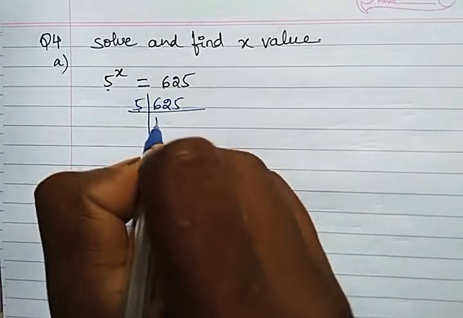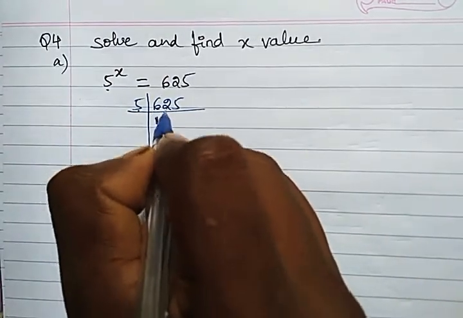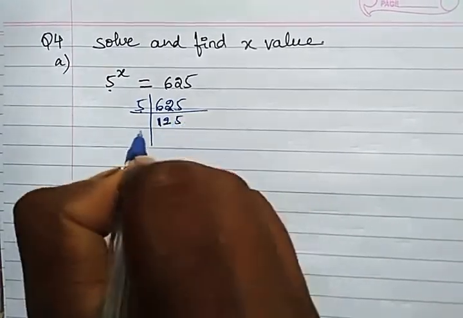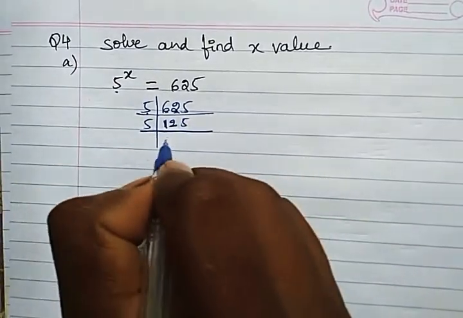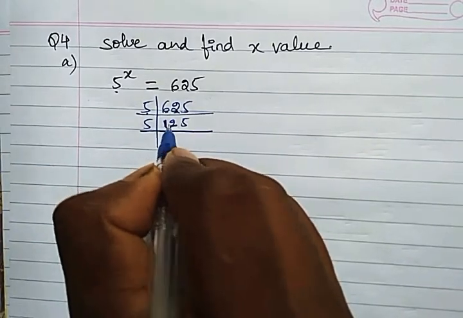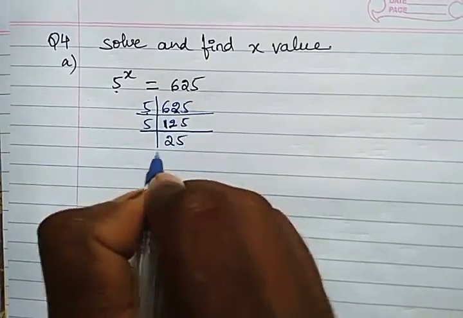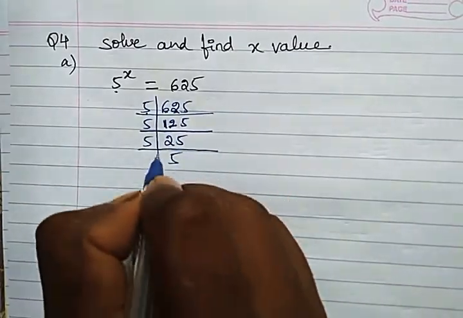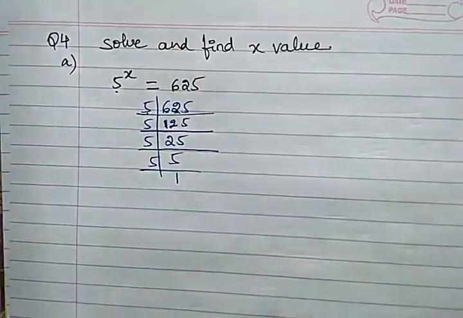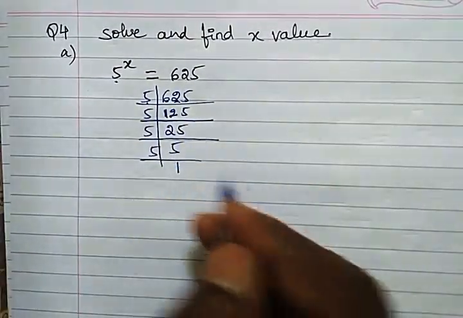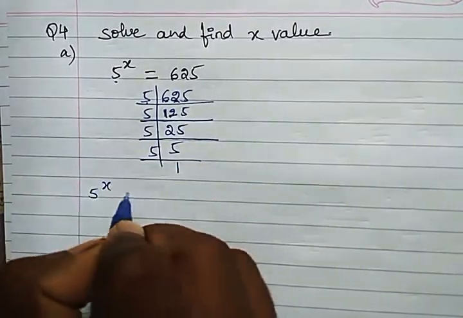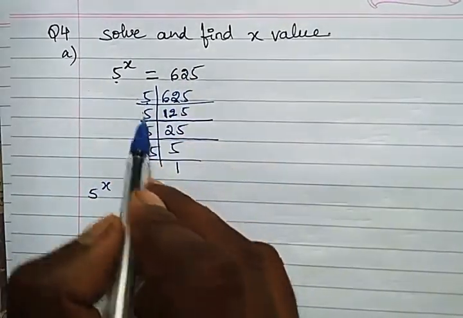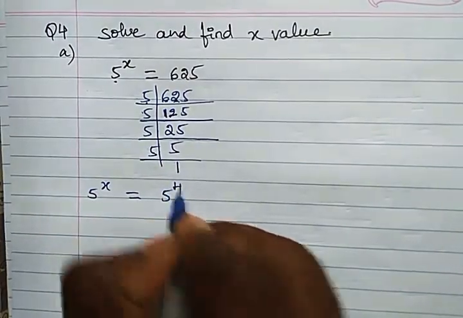So 5 ones are 5, remainder 1, 1 2 12, 5 twos are 10, again 2 remainder, 2 5 25, 5 fives are 25, then 5 fives are 25, again 5 ones. So 5 power x is equal to 625, which can be written as 5 how many times? 1, 2, 3, 4 times. 5 power 4.